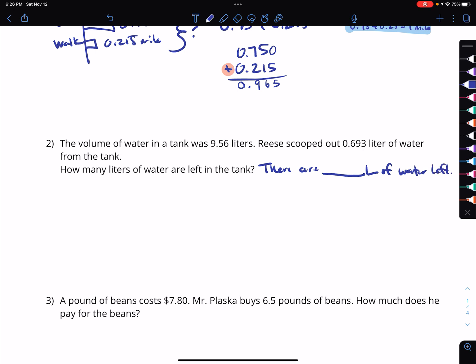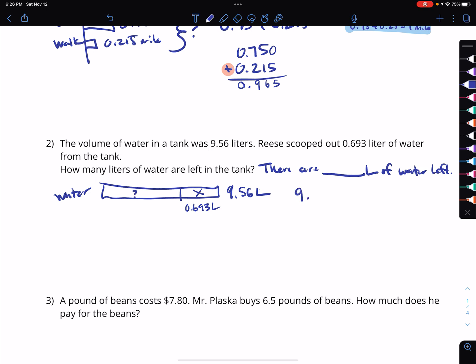And for this one, because we're starting with one amount of water and then taking away from it, I'm going to use one big bar to show the amount that we have. And then we know a portion is taken off, which has 693 thousandths liters as a value, and we want to know that amount there.